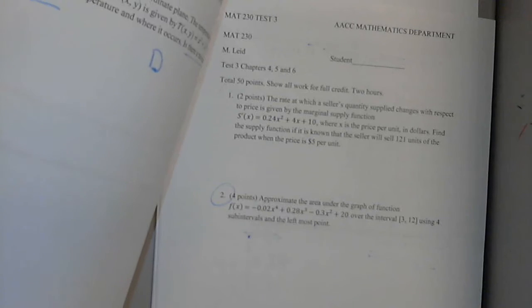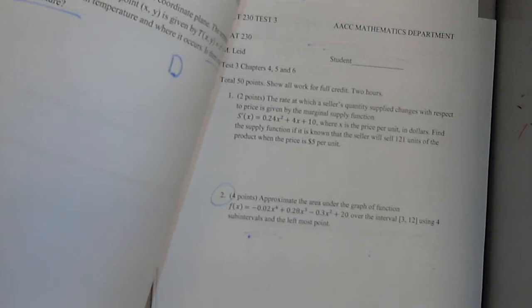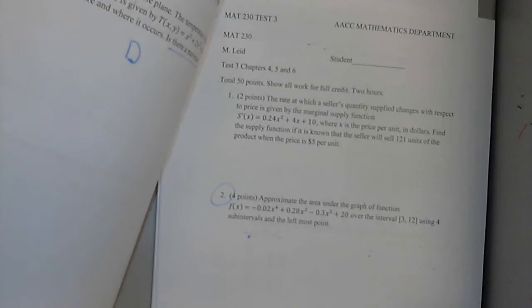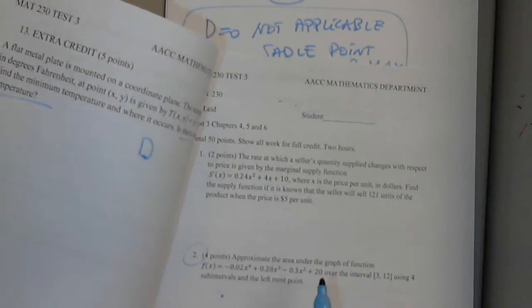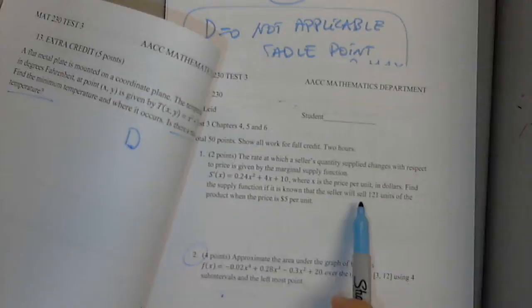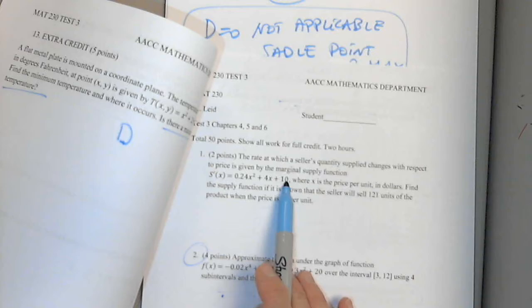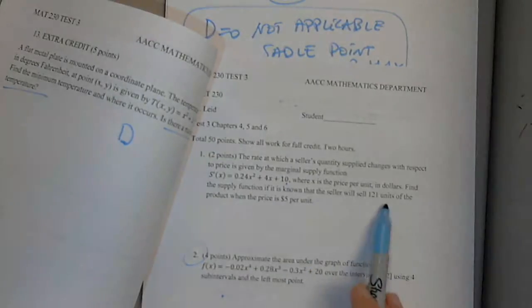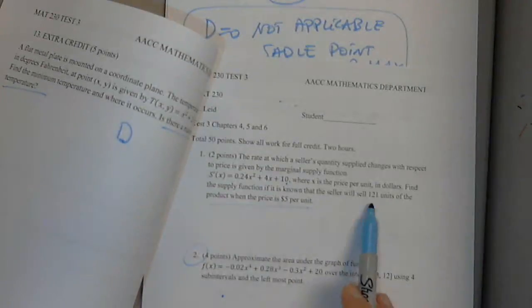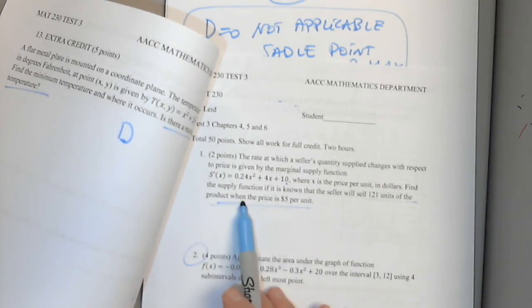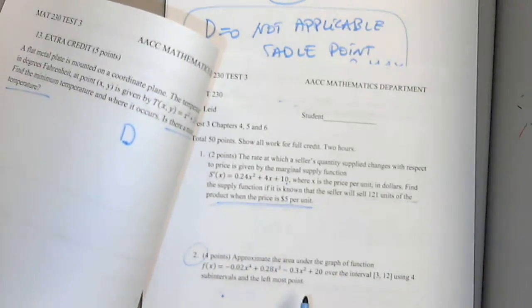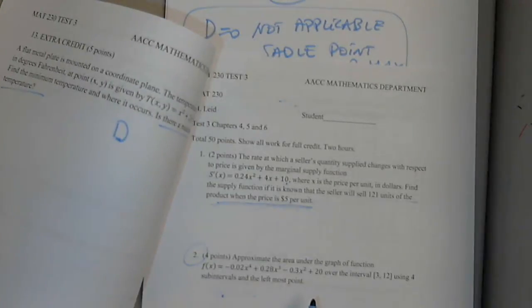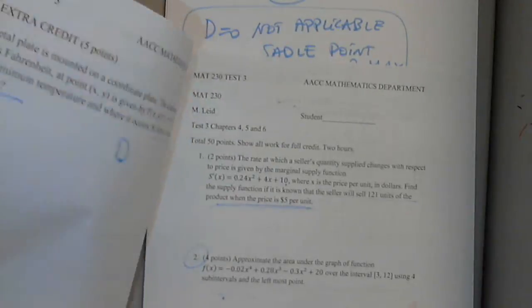And then we can go back to the problems that are very similar to the problems that we just did. Here you just have to integrate this and determine the function, and we'll sell 121 units of the product when the price is this. We start with number 1. Okay, very good.